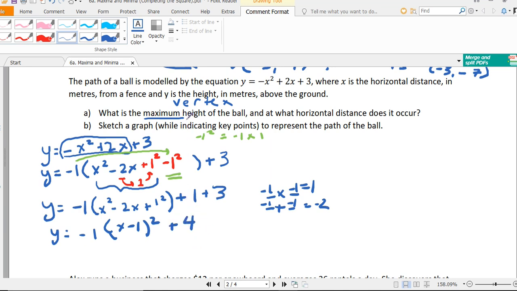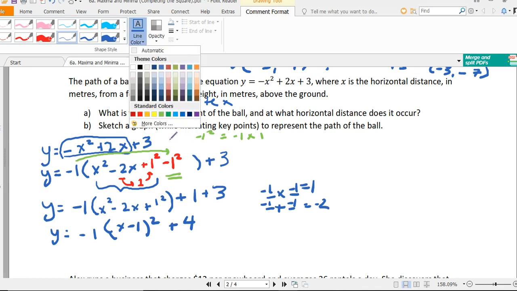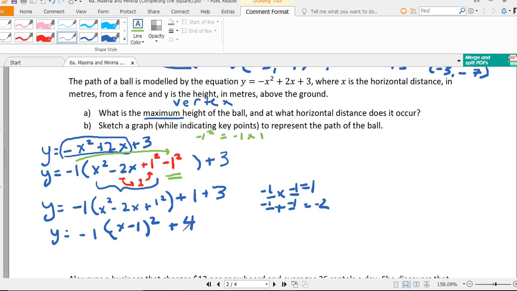Okay, so what is the maximum height of the ball? So therefore, and at what horizontal distance does it occur? So I know my vertex is 1, 4.